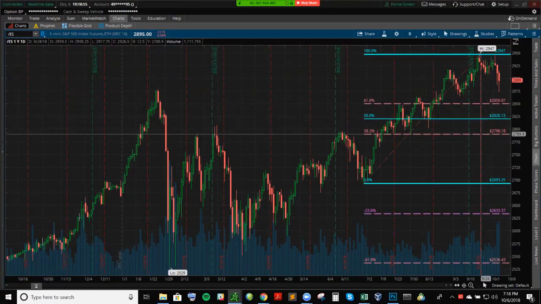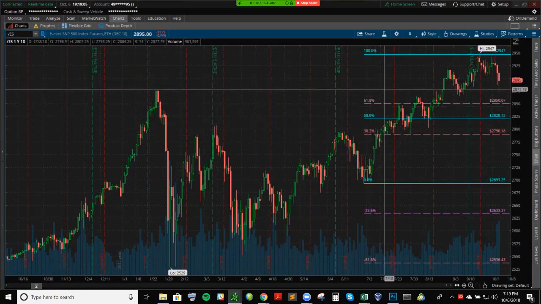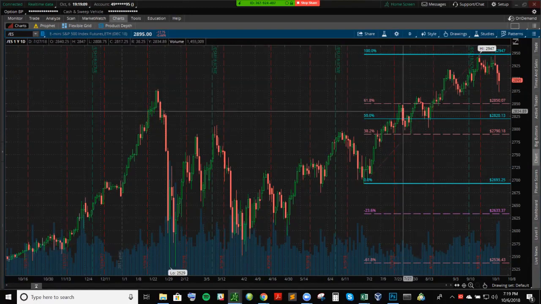The line in the sand, in this case for the bulls, would be around this 2/3 back, which is around the 27.90 area. You can always notice that fibs coincide with other previous levels. Let me get my little pointer tool up here.